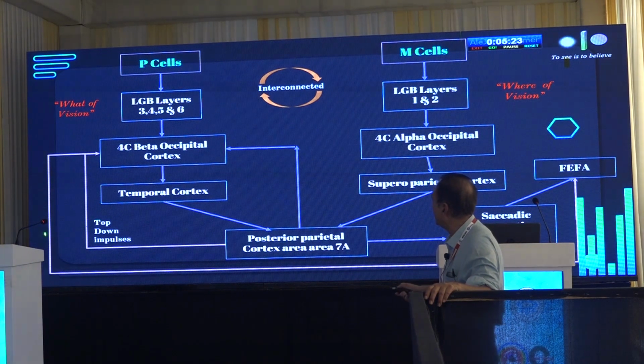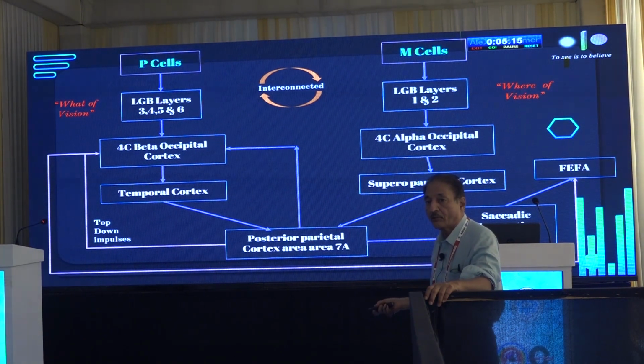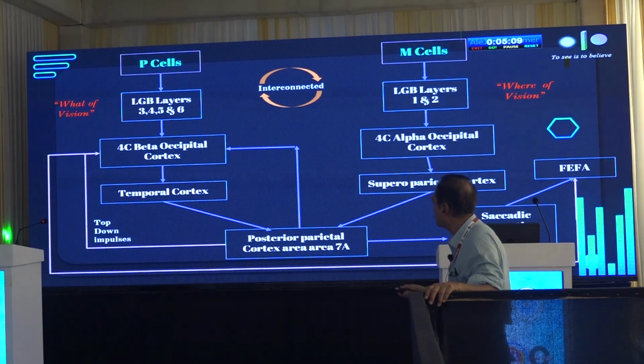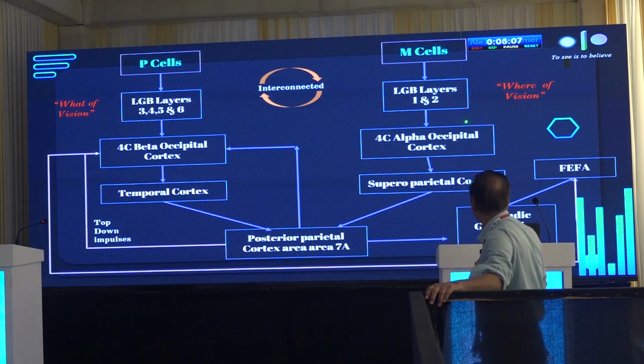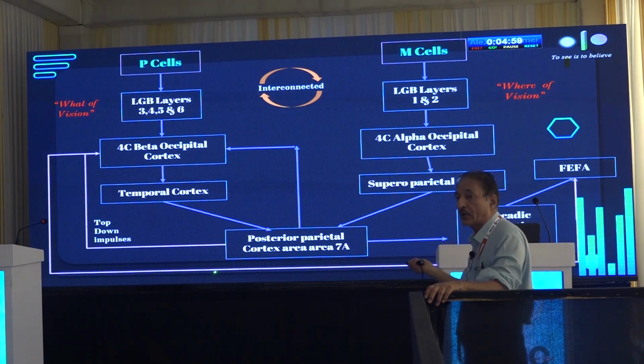From here, it goes to the occipital cortex back again to stimulate 4C beta as a top-down impulse. From this area, it goes to this. Again, from the frontal eye field area, you can see here, frontal eye field area. From here, the fibers come back to the posterior parietal cortical area, and from there they go again to beta in the occipital cortex.